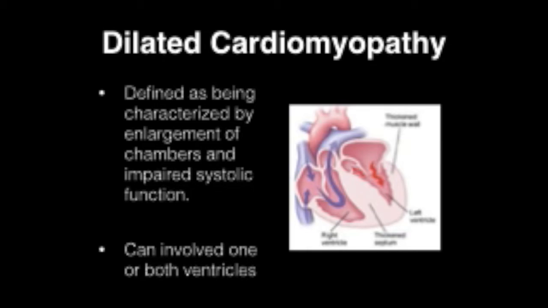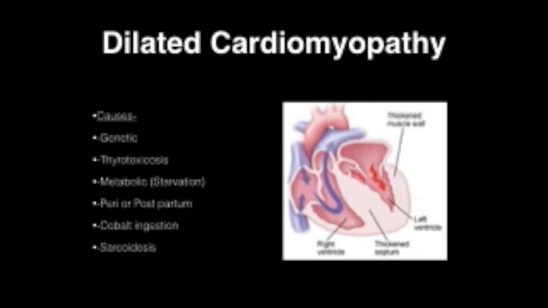The thing you have to be familiar with is the causes. There's a huge laundry list of causes, and in terms of the exam, I would focus on just being able to recognize these and pick them out, not necessarily have them memorized.